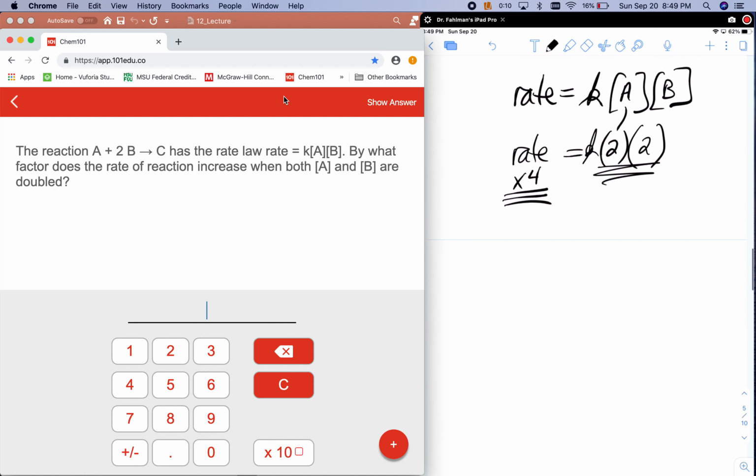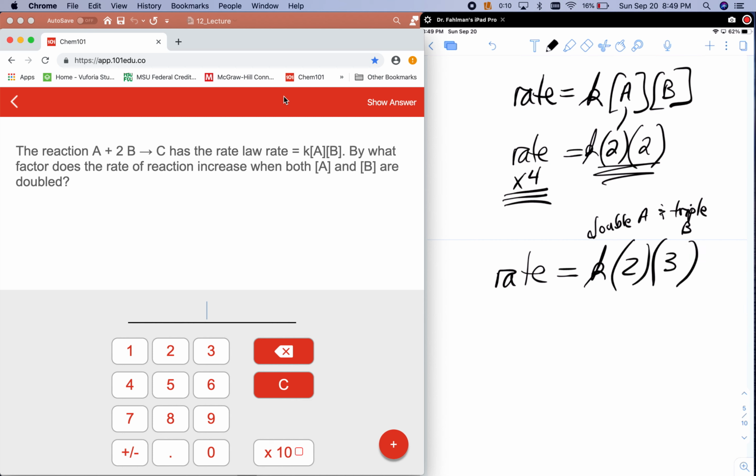Again, a very typical question for exams. I could have said, what if you double A and you triple B? Then you would just say 2 times 3, so your rate is going to go up by a factor of 6. It's really that easy.